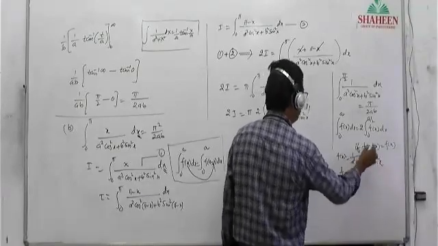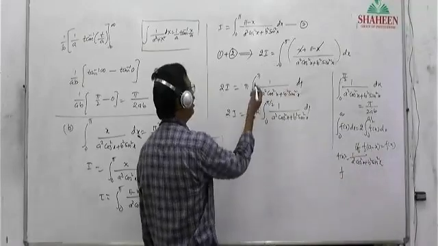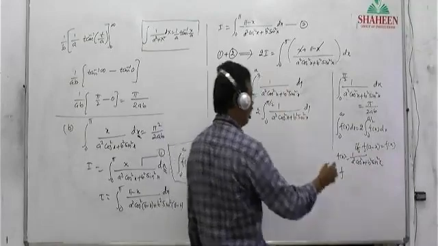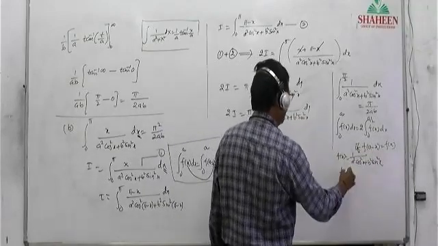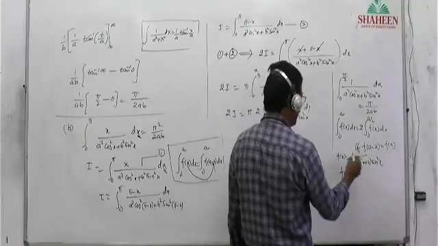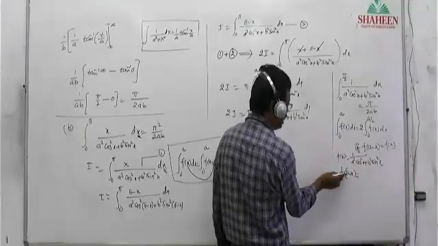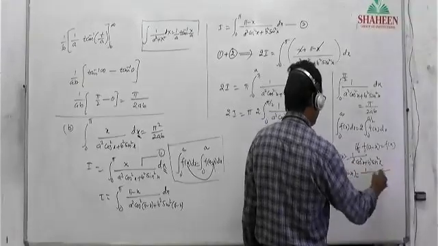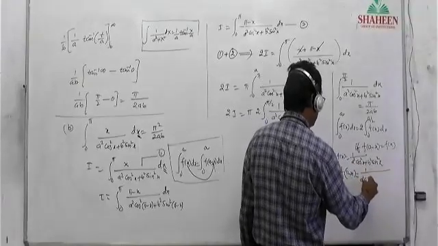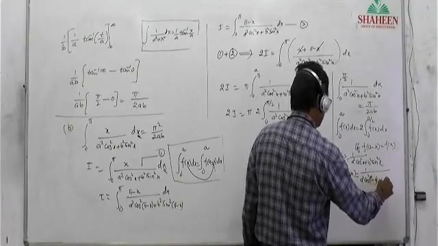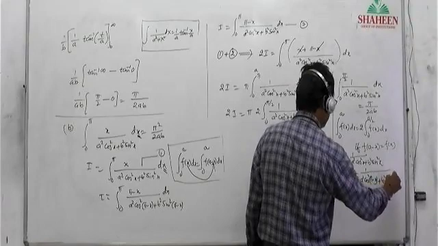F of a minus x: what is a? A is pi. So f of pi minus x, wherever there is x, write pi minus x. Are all of you able to follow? If you have any doubt, you can ask me.